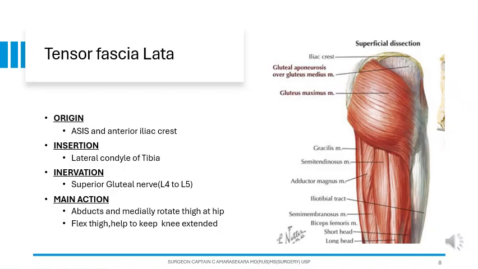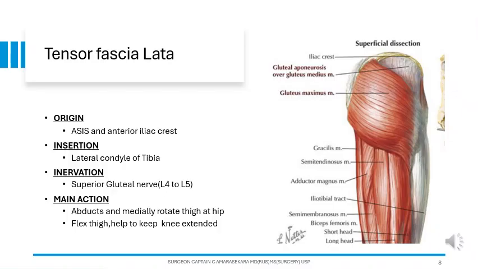The muscle is innervated by the superior gluteal nerve, arising from spinal roots L4 to L5. This nerve also supplies the gluteus medius and minimus, forming a coordinated group that governs lateral hip control.